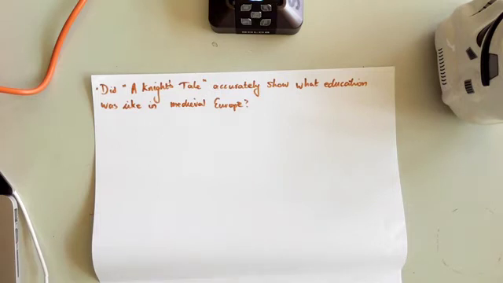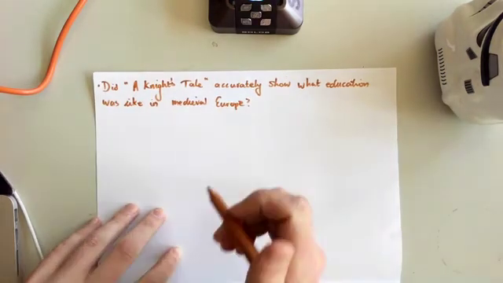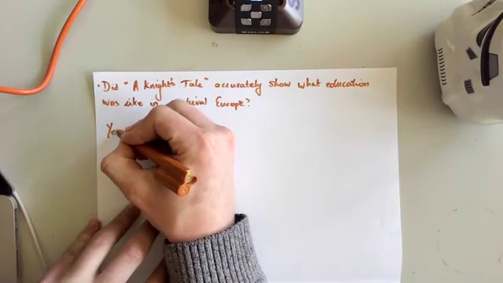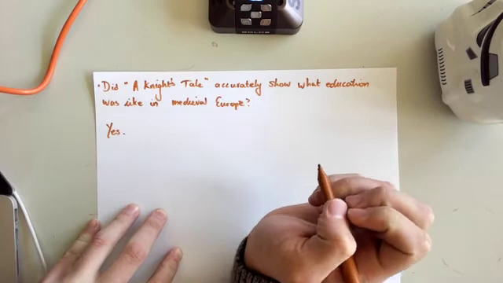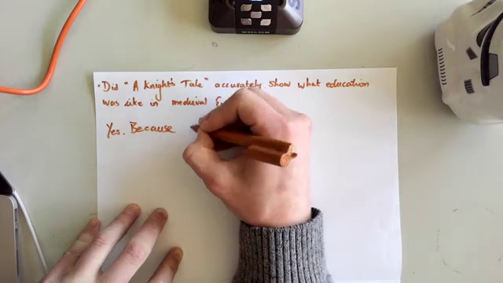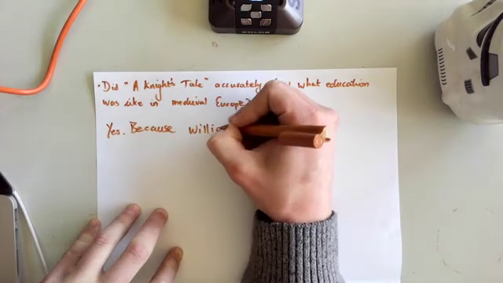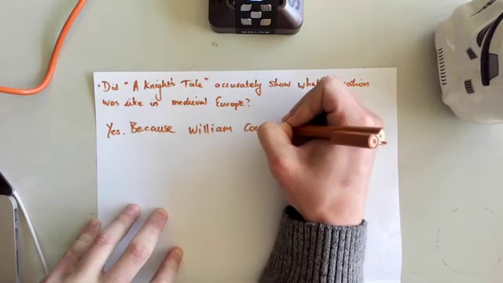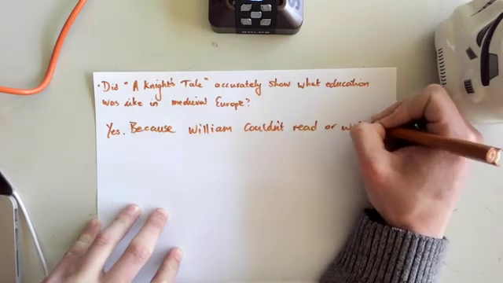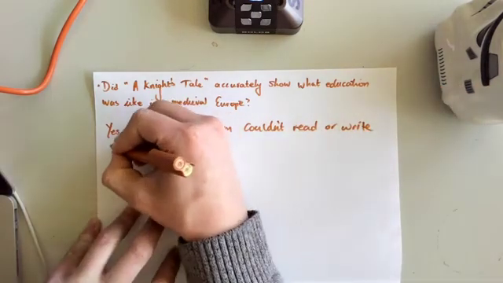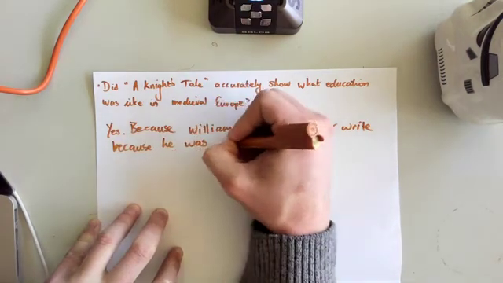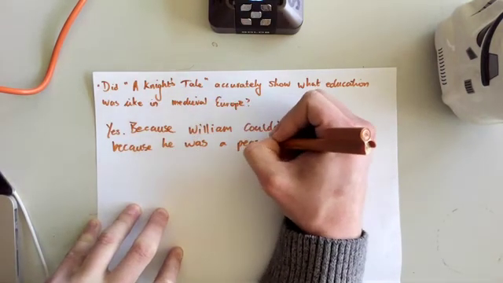Now, your first reaction will be to give a pretty easy answer to get it done, like: yes, because William couldn't read or write, because he was a peasant.